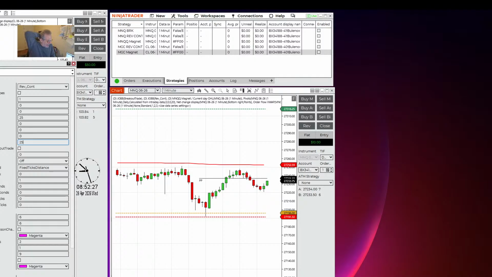I don't like the spikes. They spike differently, in my opinion. But if you want to trade oil with lower risk, it's only $1 a tick on micro oil. So you could trade the breakout with much lower risk.